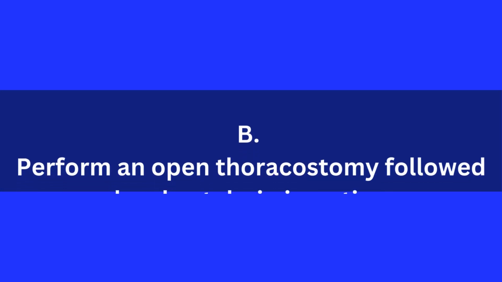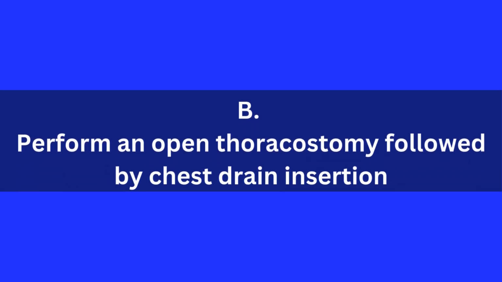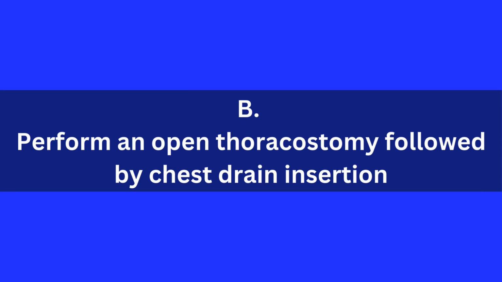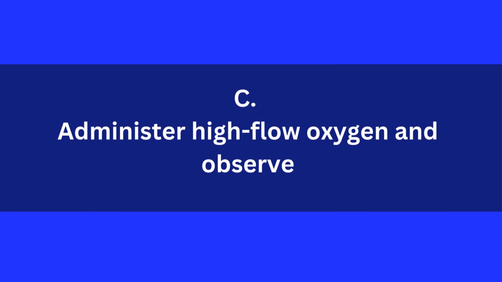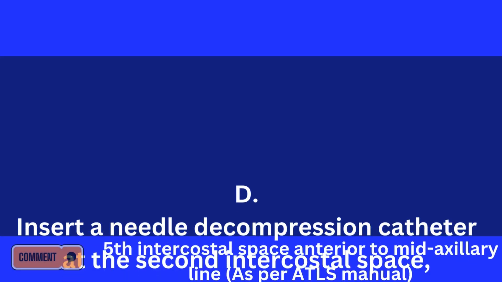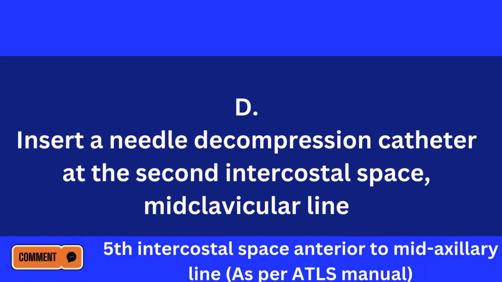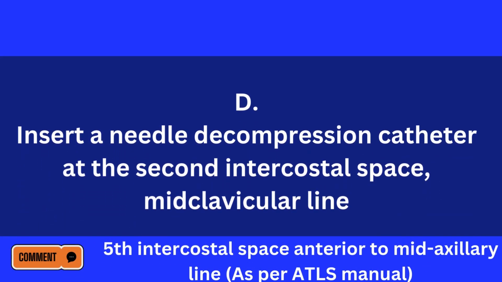You suggested option B is correct, which is open thoracostomy followed by chest drain insertion, and that is what is recommended by the NICE guidelines. Completely agree, administer high flow oxygen may support the patient, but that is not the definitive treatment. And option D, insert a needle decompression catheter at the second intercostal space mid-clavicular line.